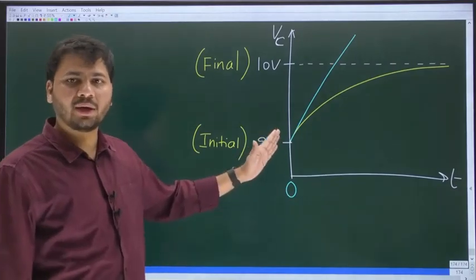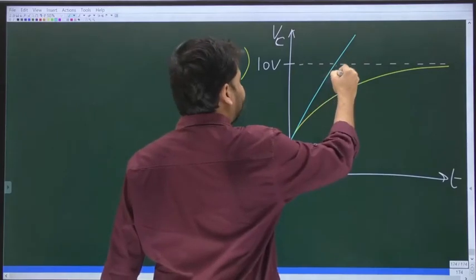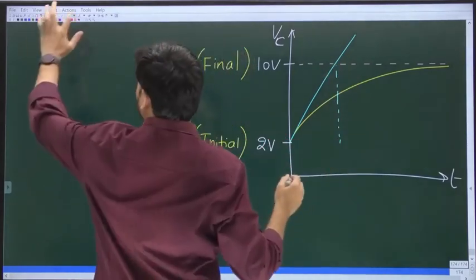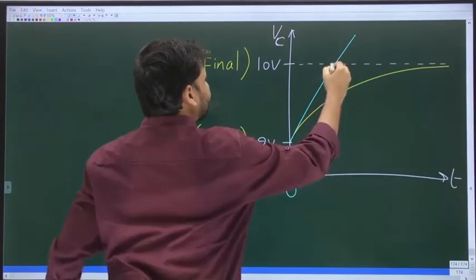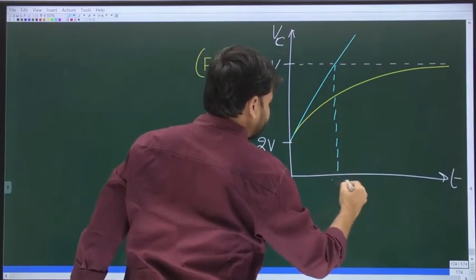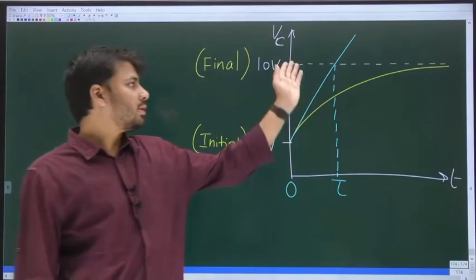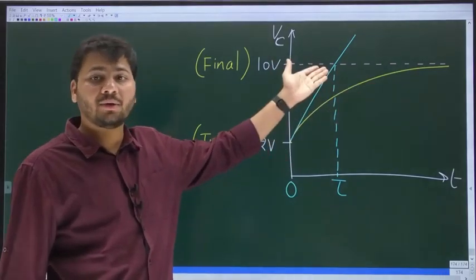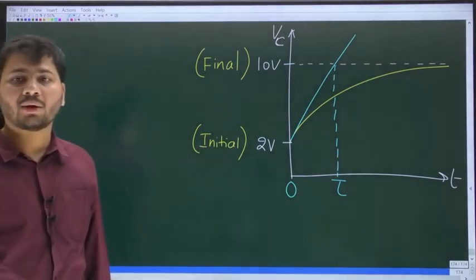Look at this tangent, it will intercept or cut this dotted line, the final value level, the 10 volt level, at t equal to tau.